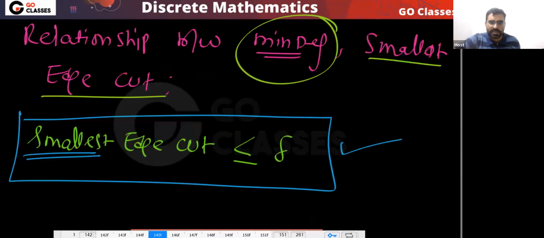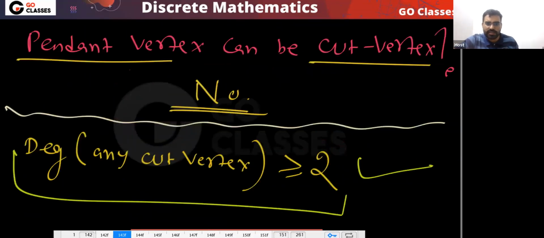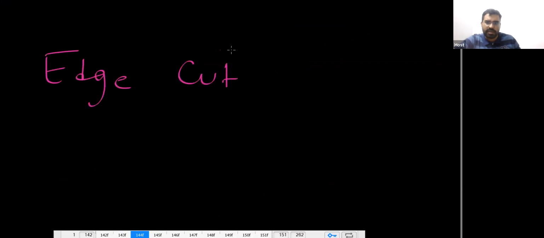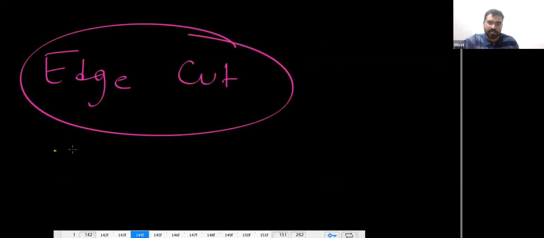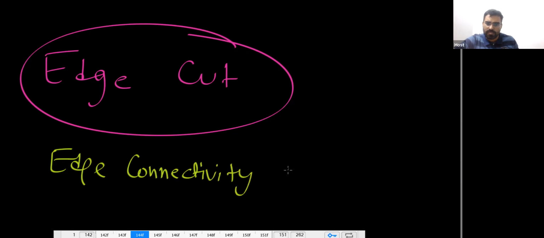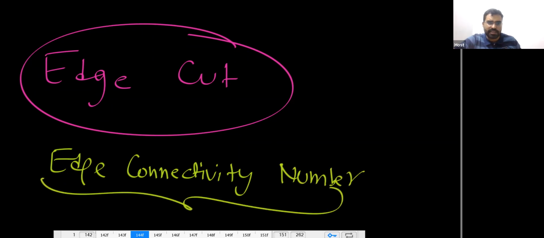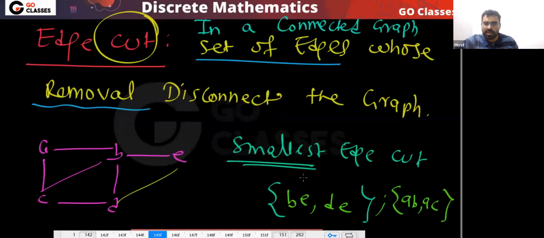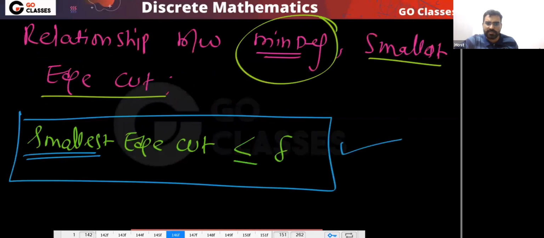We have seen the definition of edge cut, and now we are discussing edge cut and the edge connectivity number. What is the edge connectivity number? It is the size of the smallest edge cut.